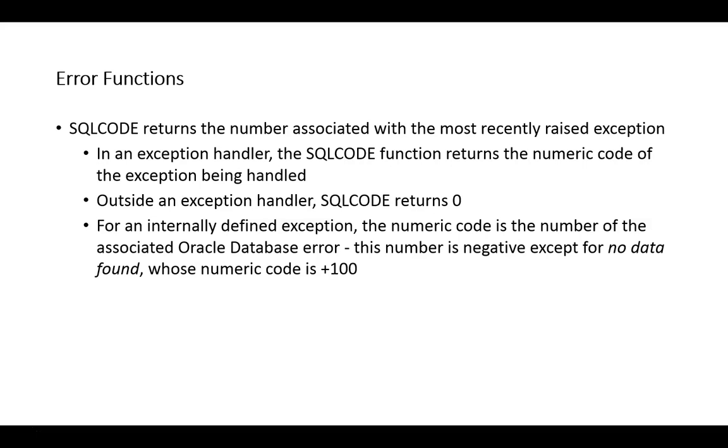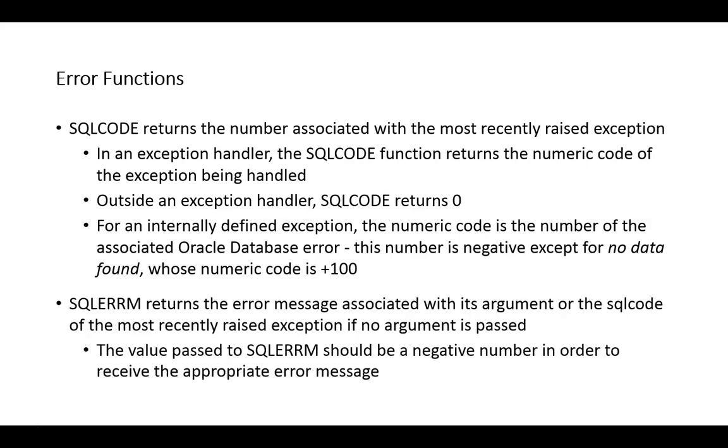But all other events, if you refer to the chart that I presented a moment ago with the list of those predefined exceptions, have negative numbers. So SQLCODE will return that value. SQLERRM returns the error message associated with its argument, or the SQLCODE of the most recently raised exception if you don't pass an argument. So it has a default argument.